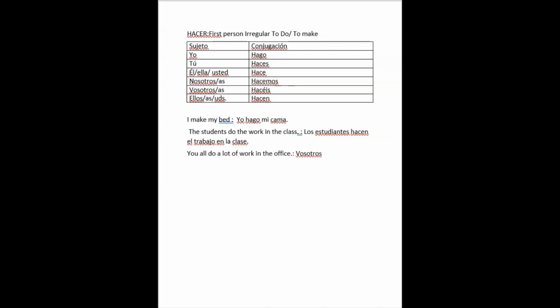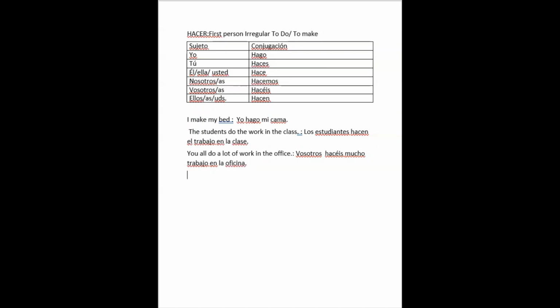Again, you can keep vosotros, you can remove it as you want. So vosotros hacéis mucho trabajo en la oficina. Okay, so hacer is a first person irregular verb. It means to do or to make.